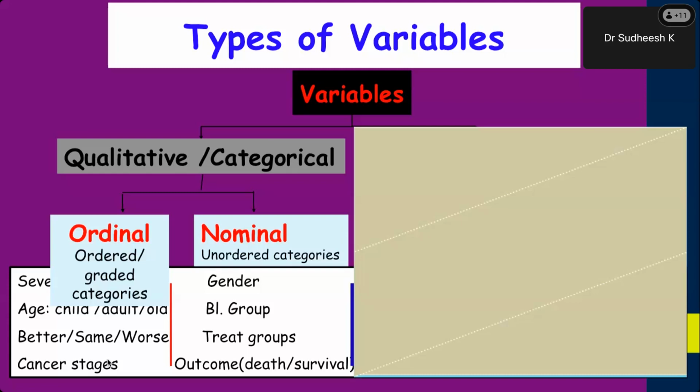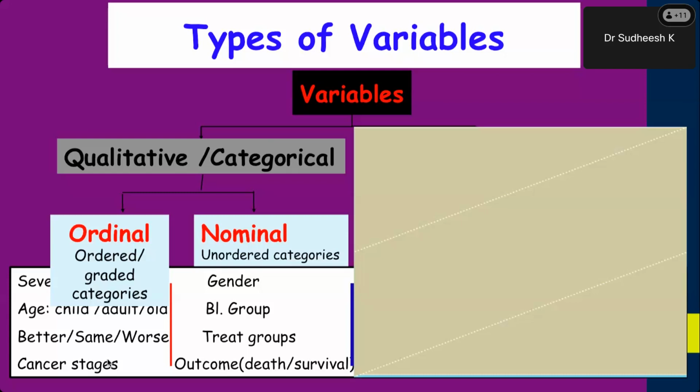Further, these categorical variables are classified into ordinal or nominal. What do you mean by ordinal and nominal? Nominal means they are unordered categories. For example, gender, male and female, most of the time they are equal. It's not like male is greater and female is lesser. Male is equal, female is also equal. Likewise, take the example of blood group.